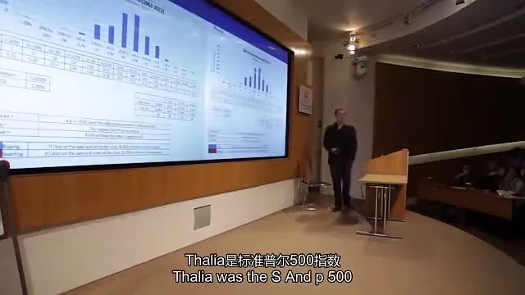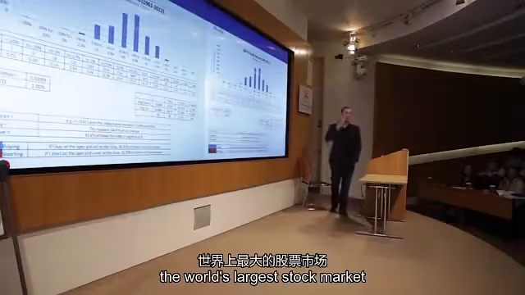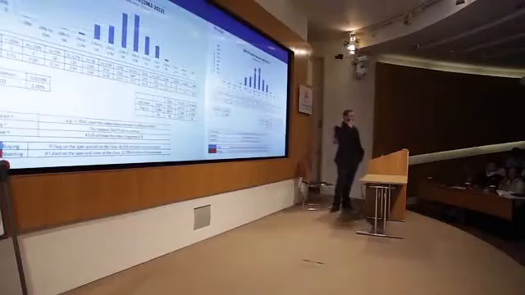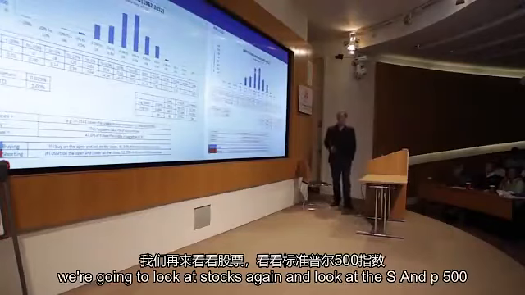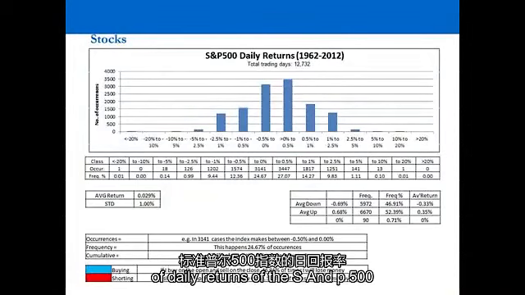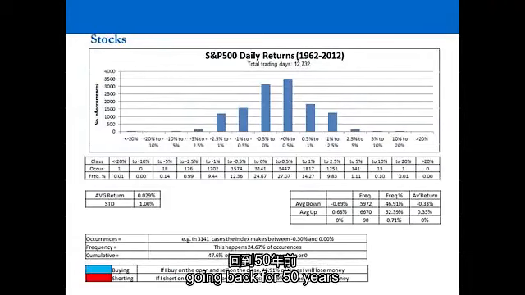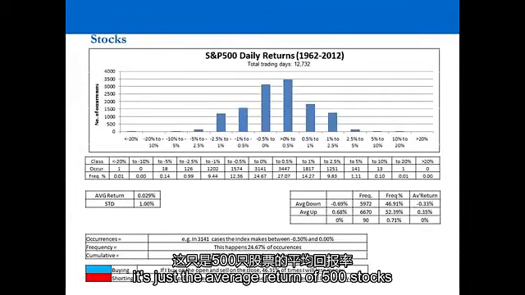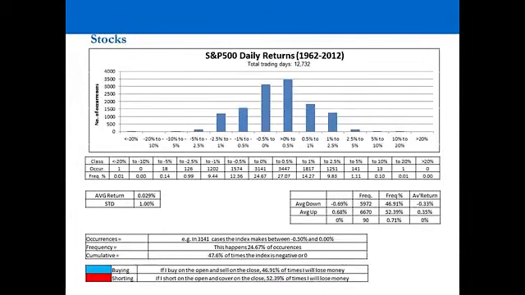So the example we used earlier was the S&P 500, the world's largest stock market. We're going to look at stocks again and look at the S&P 500. And we're going to do a distribution of daily returns of the S&P 500 going back for 50 years. And what is the S&P 500? It's just the average return of 500 stocks.